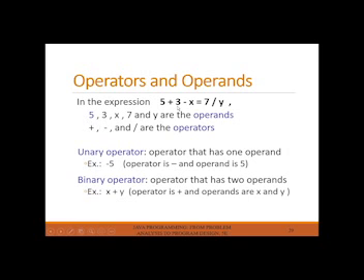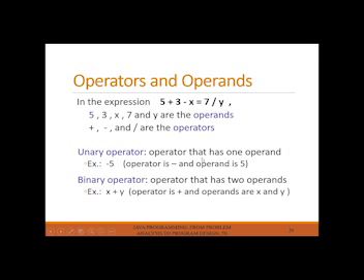In the expression 5 plus 3 minus x equals 7 divided by y, 5, 3, x, 7 and y are called the operands. Yung plus, minus, saka divide are the operators. Kung malilito, yung mga plus, minus, and divide operators, tapos yung ina-add natin, subtract, dinidivide din yung mga operands.